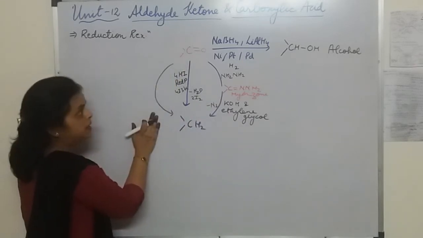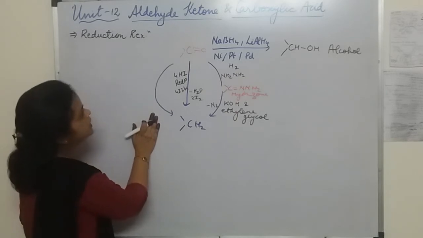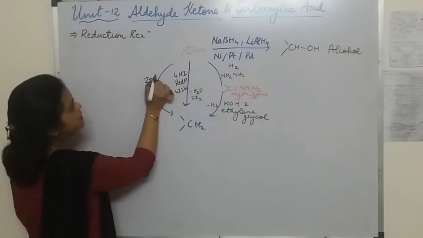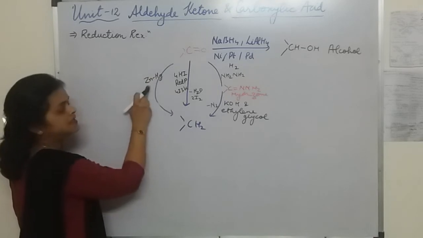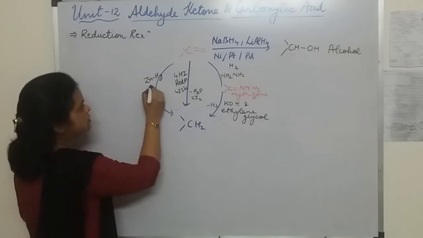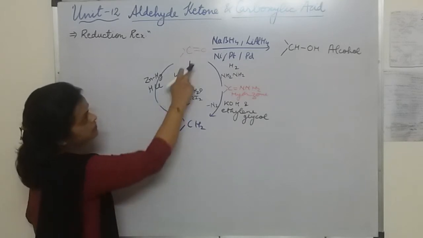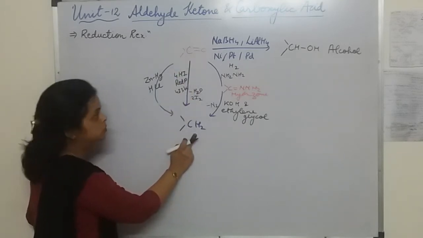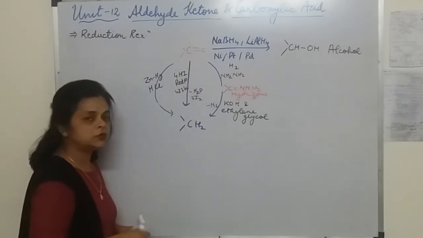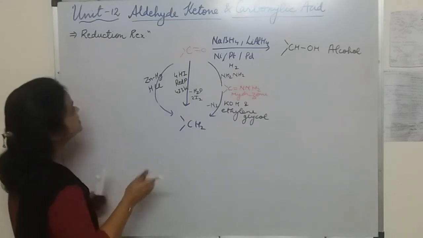And if you are treating this carbonyl compound in the presence of zinc amalgam, ZnHg, in presence of HCl, then the reduction takes place and it converts the carbonyl compound into CH2, and this is a name reaction, students, and its name is Clemmensen reduction.